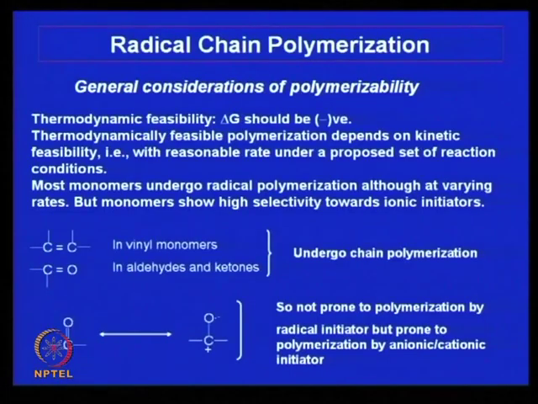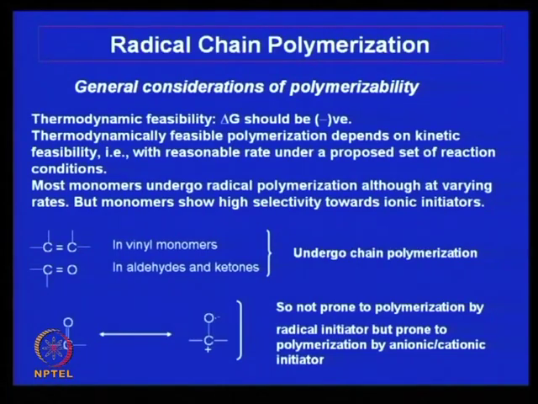Now, that olefinic double bond supplies this functional site for linking up with one another, forming a large molecule, macromolecule. So, here certain considerations should be discussed for polymerizability of such olefinic monomers.